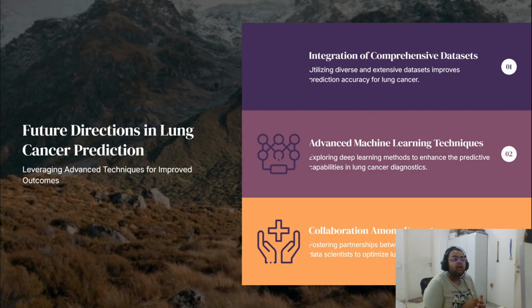Now, advanced machine learning techniques like neural networks can be used to employ deep learning methods to enhance the predictive capabilities in lung cancer diagnostics. And some collaboration among experts might give us really good accuracy and predictiveness for lung cancer, and might even generate some public awareness about lung cancer.